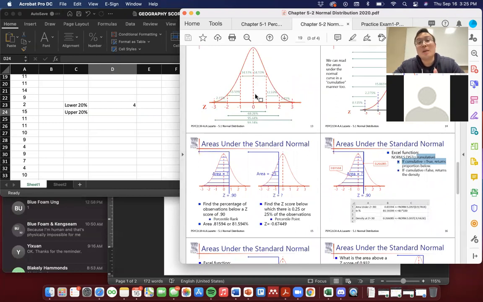But now we want the upper 20%. So we want everything up here. But if we tell it to get this point, it won't tell us the upper 20%. It'll tell us the bottom 80%, right? So we have to factor that in.